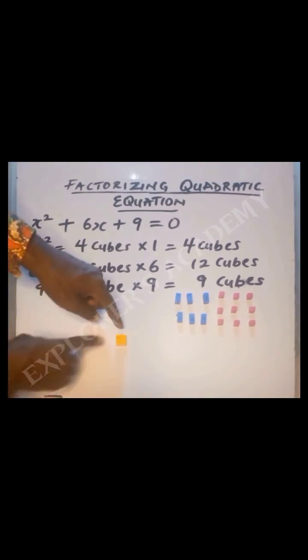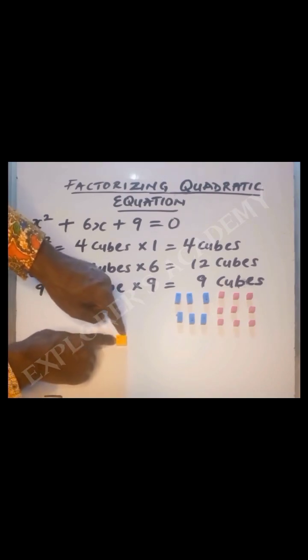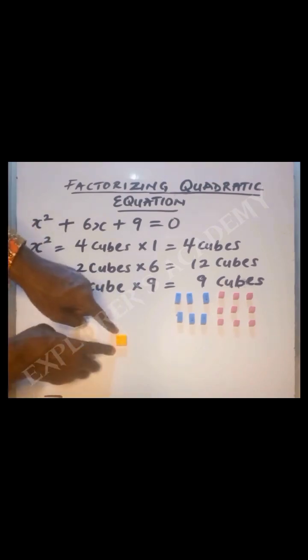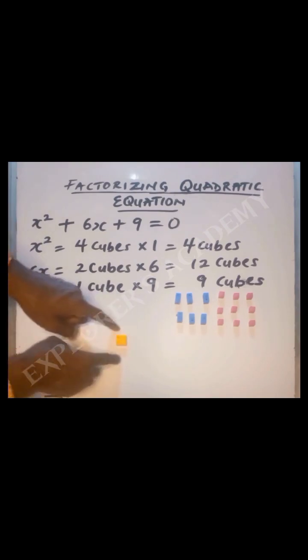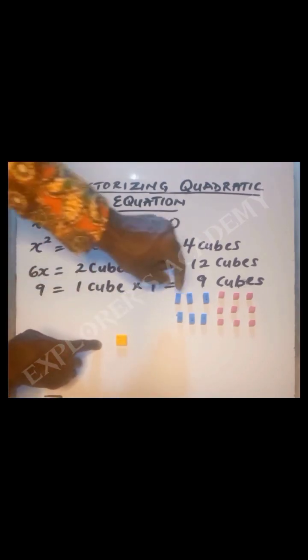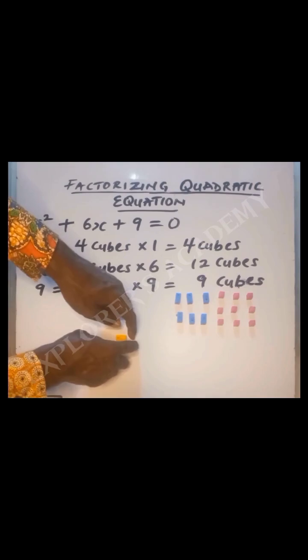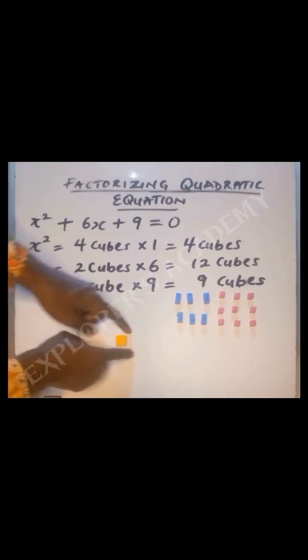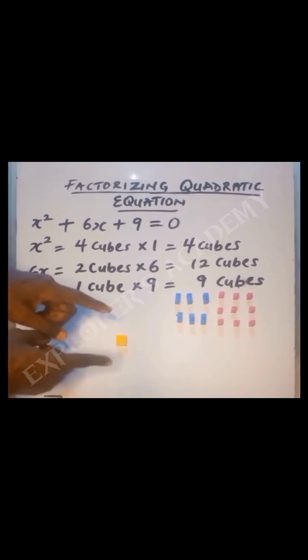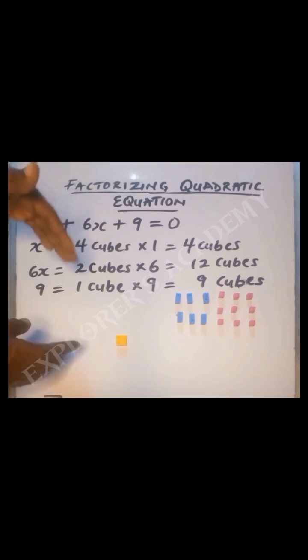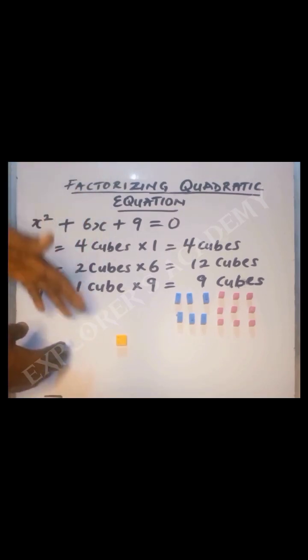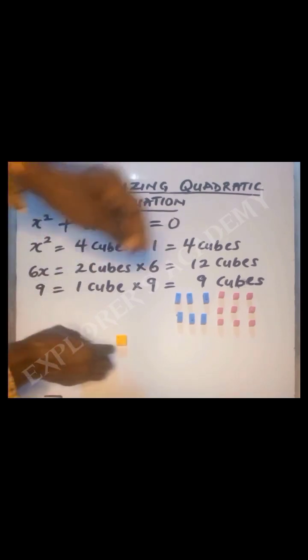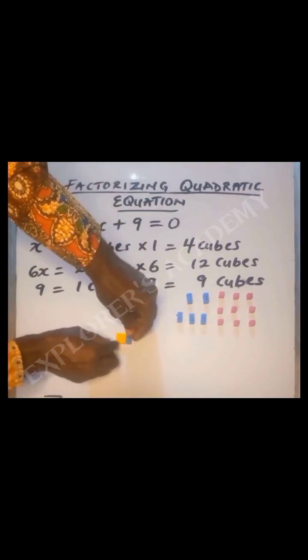I'm going to leave two spaces here, and use it to cover around. Please, you do not cover the entire space of a color. Make sure that when you're placing this, it doesn't cover an entire color. There are reasons why we say that, so it will be easy for us to identify our answers at the end. So I am going to use this. Watch how I do that.